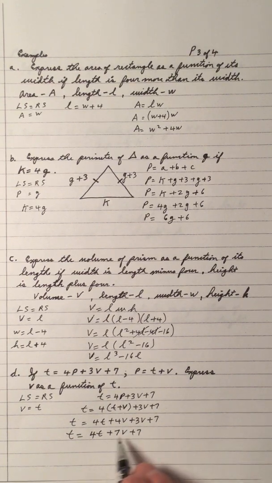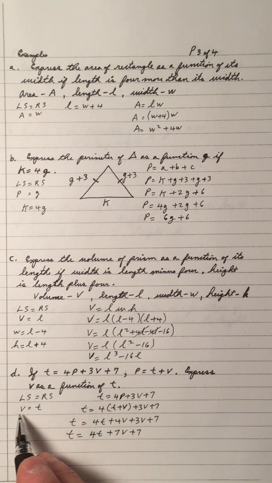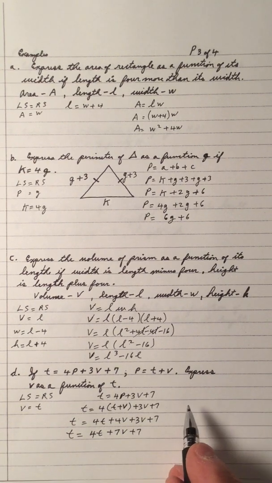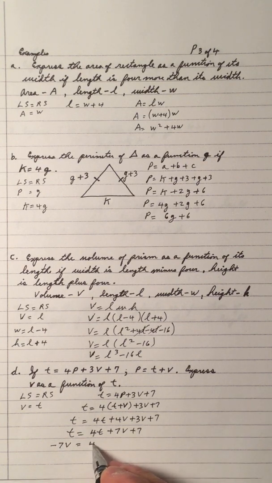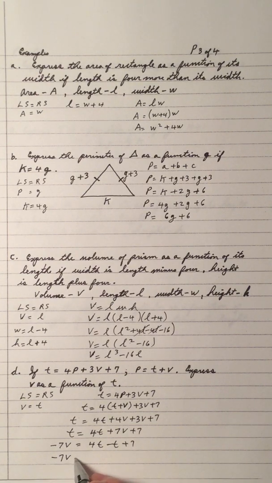The right side is fully simplified, but I need the V on the left. So that means the 7V moves over, becoming negative. The T moves over to become a negative. So I get negative 7V equals 3T plus 7.